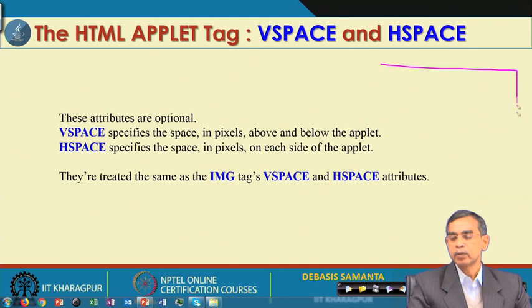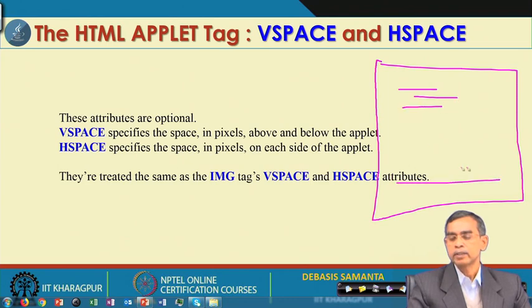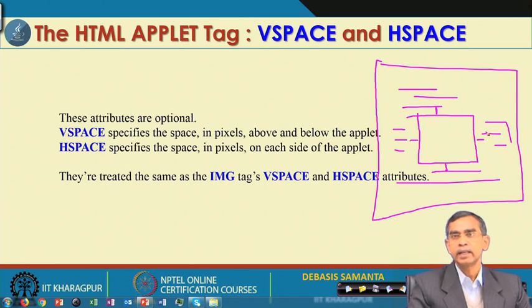Suppose this is the total HTML page, and there is some text here, and some text here, and here you want to display your applet. V space and H space are basically how much gap you want to give between the text and this applet. So V space is the vertical gap. Similarly, if there is some other text or some other applet you want to place, H space means the gap you want to allow between the text and this one.